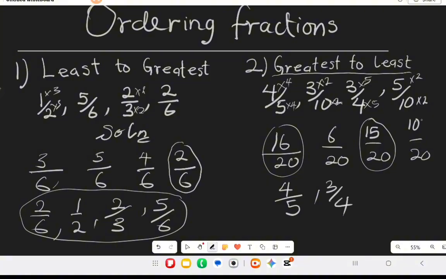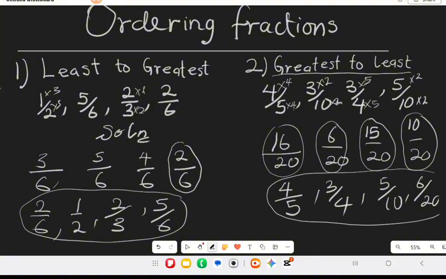The next is 10 over 20, which gives us the original fraction 5 over 10. And the least is 6 over 20. So the final ordering of these fractions from the greatest to the least is this.